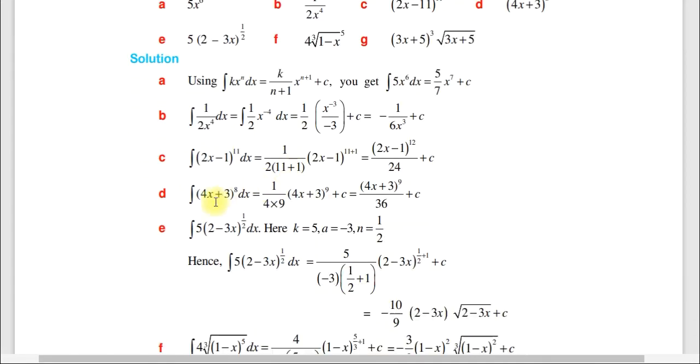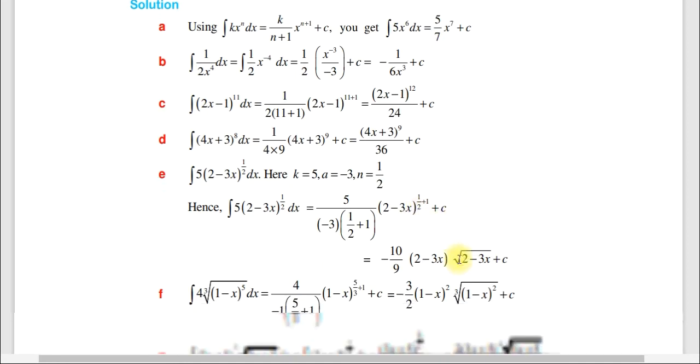Here is another case with a constant k: the integral of 5 into 2 minus 3x to the power of 1 over 2 dx. Here k equals 5, a is minus 3, the coefficient of x, and the power n is 1 over 2. So the integral is 5 over minus 3, that is k over a, into 1 over 2 plus 1, times 2 minus 3x to the power of 1 over 2 plus 1, plus c.